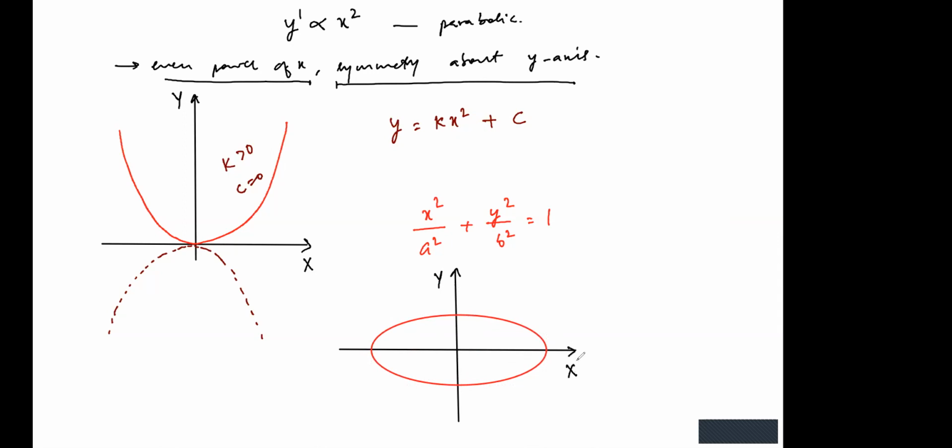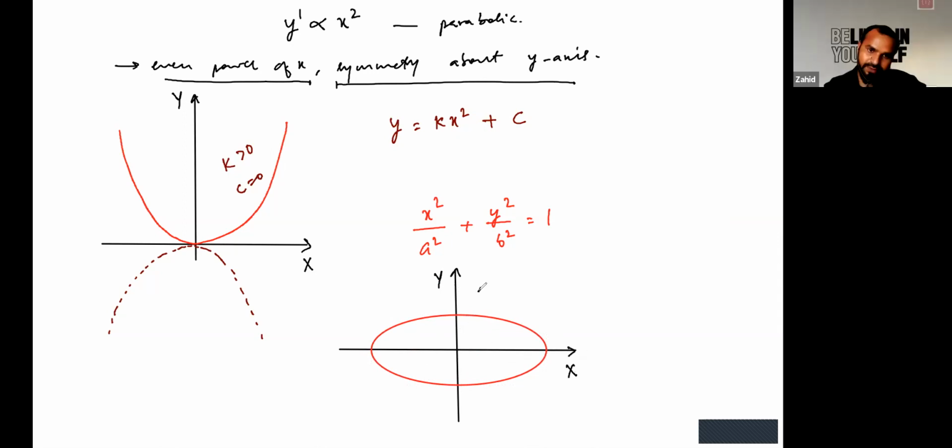Yes, sir. So this particular curve is called an ellipse. Since x has the coefficient a squared, it means it will cut the x-axis at point a. Similarly, the coefficient of y is b, so it will cut the y-axis at some coordinate b.